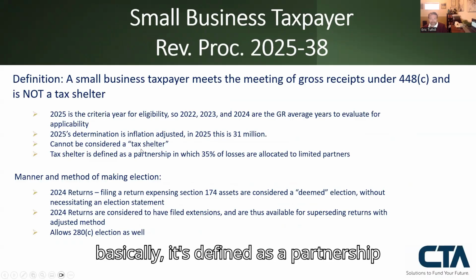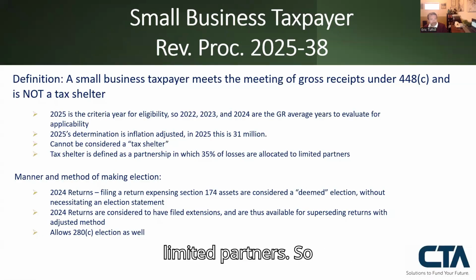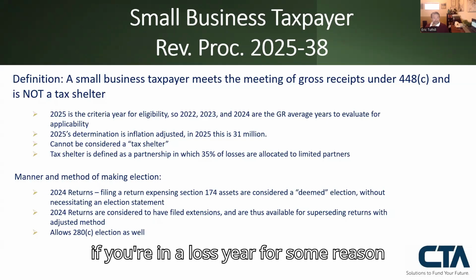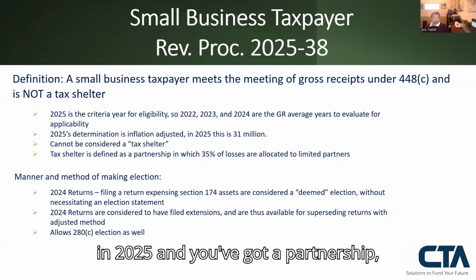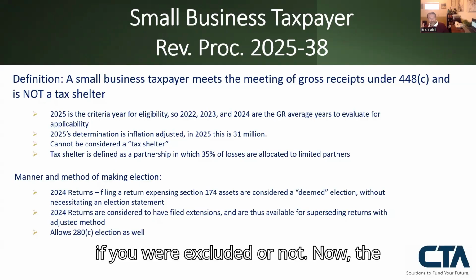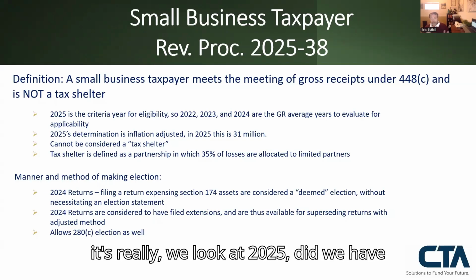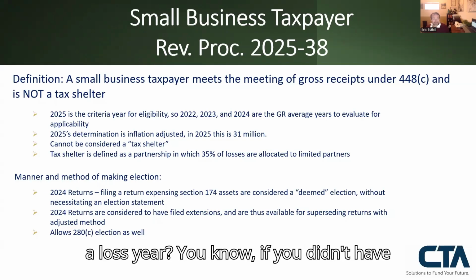It's defined as a partnership in which 35% of losses are allocated to limited partners. So if you're in a loss year for some reason in 2025 and you've got a partnership, you want to double check that to see if you were excluded or not. Now, the criteria factor in that is only 2025. So we look at 2025, did we have a loss year?